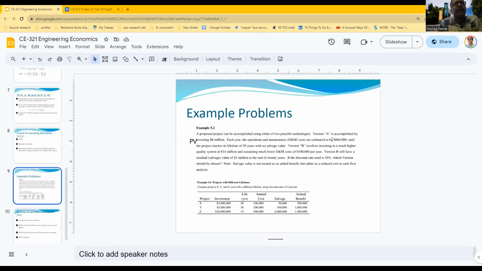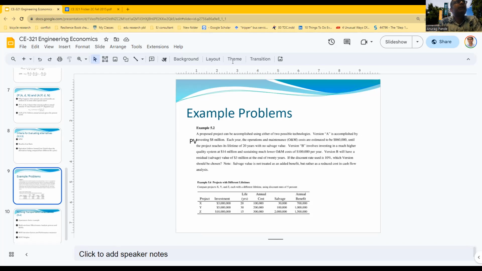Operation and maintenance cost is $60,000 until the project reaches a life of 20 years with no salvage value. This is another thing: sometimes when projects end, you can get the scrap metal out of it and sell it at scrap metal prices, and get some value out of it after its useful life has gone away.